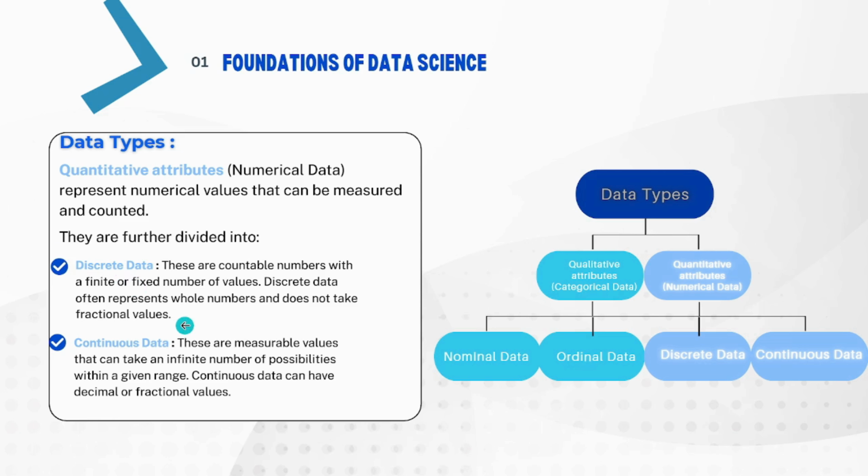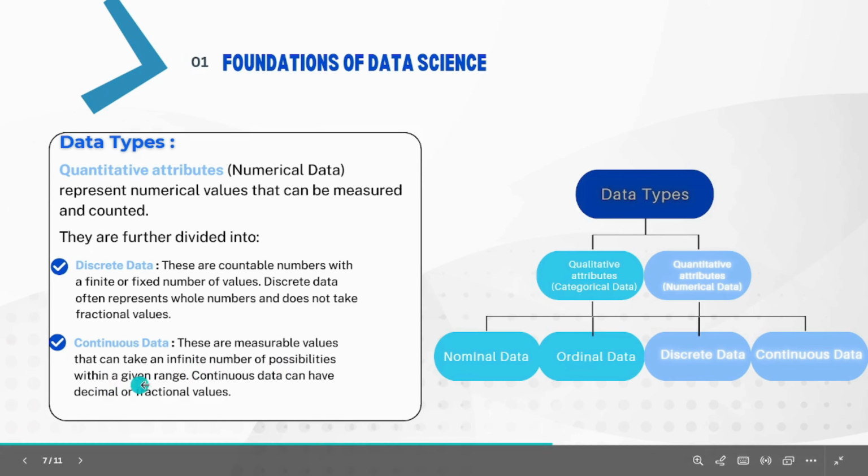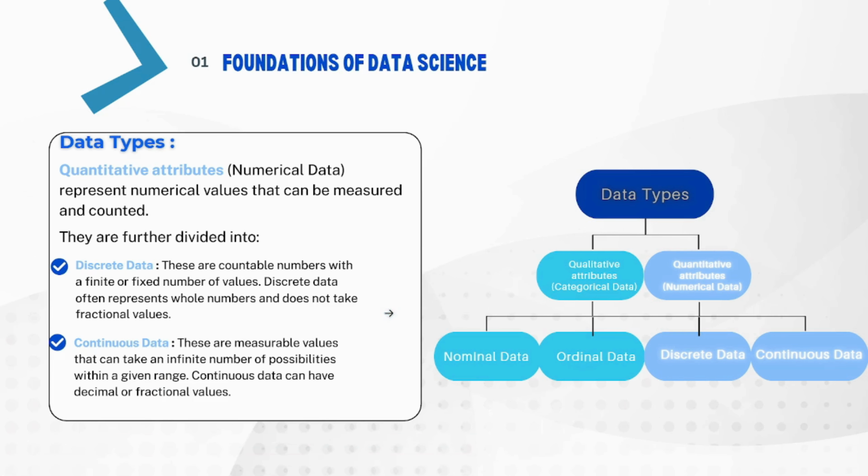Discrete data are countable numbers with a finite or fixed number of values. Continuous data are measurable values that can take an infinite number of possibilities within a given range. Continuous data can have decimal or fractional values.